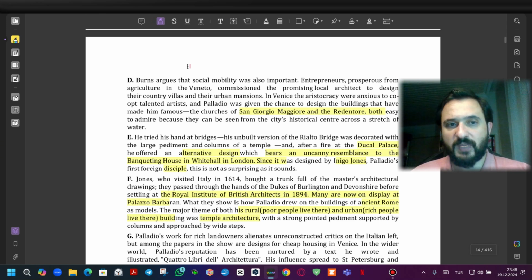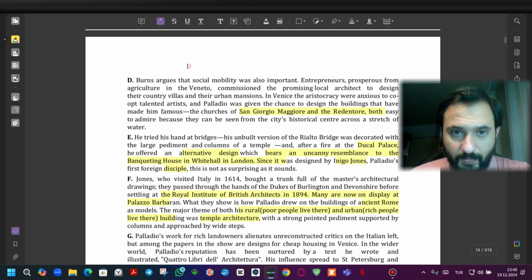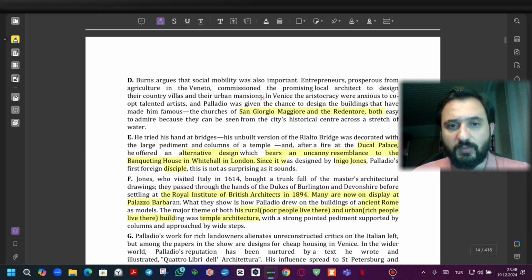Entrepreneurs who prospered from agriculture in the Veneto commissioned the promising local architect to design their country villas and their urban mansions. In Venice, the aristocracy were anxious to co-opt talented artists, and Palladio was given the chance to design the buildings that have made him famous.